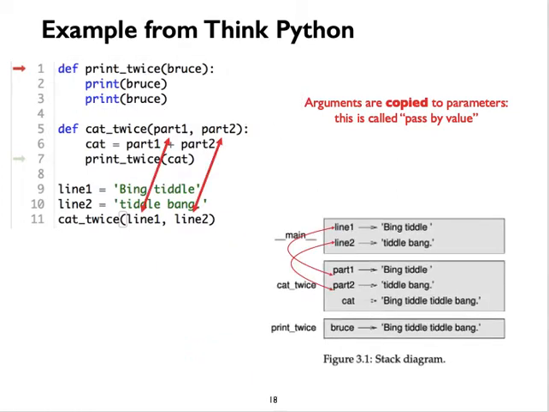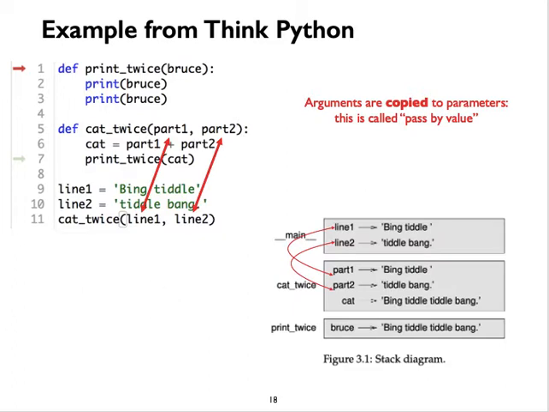What's actually going on is that line 1 and line 2 are passed into cat twice, and they're stored locally. Basically a copy of that literal value of that string is made, and a copy is placed in the variable part 1 and the variable part 2. They are two separate copies of the same thing.